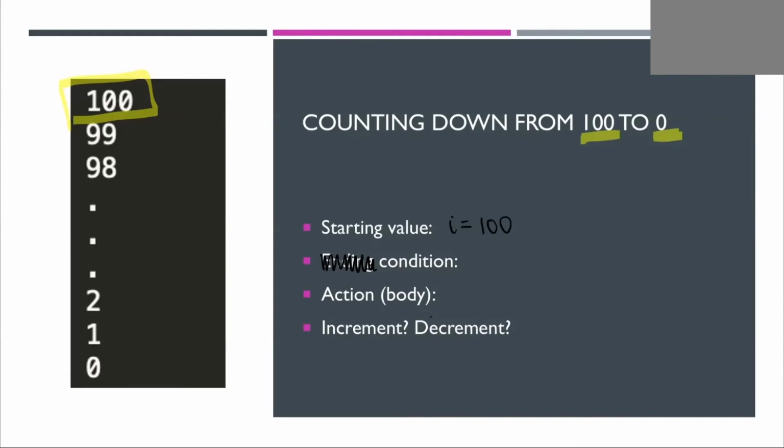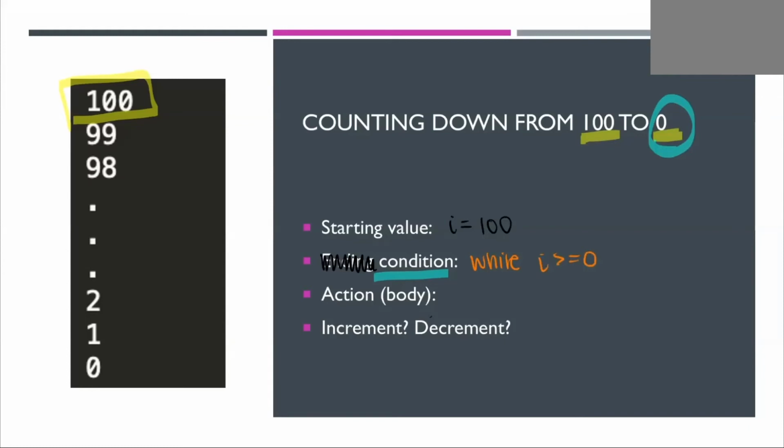Which means we could use the ending position, which is our 0, for our condition. How would we define our condition? While what? i is greater than or equal to 0.